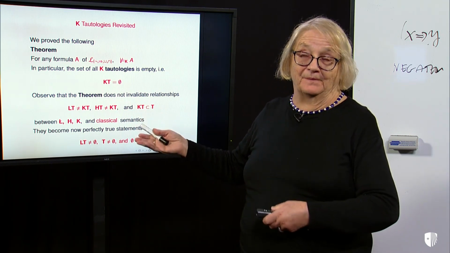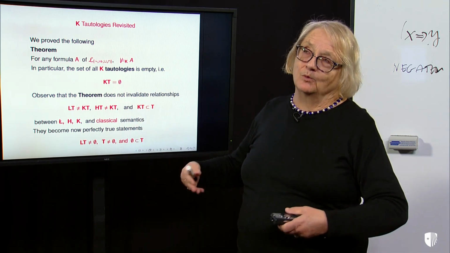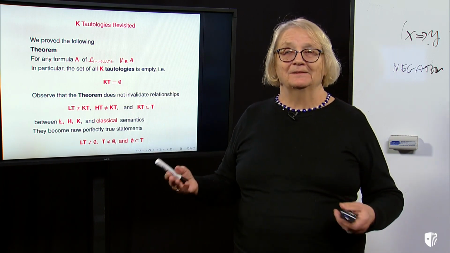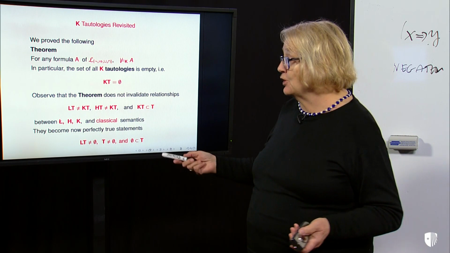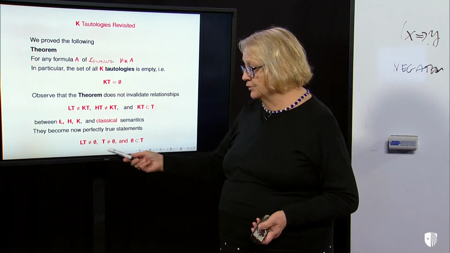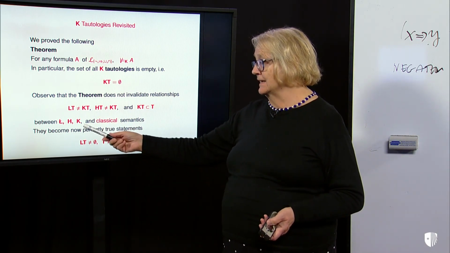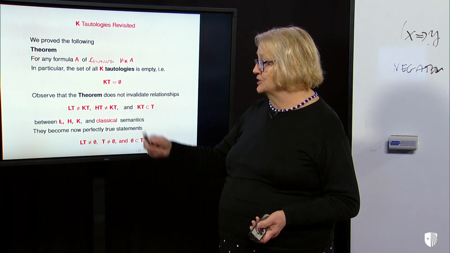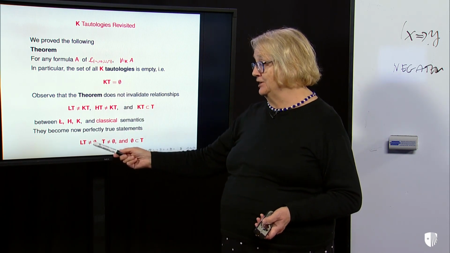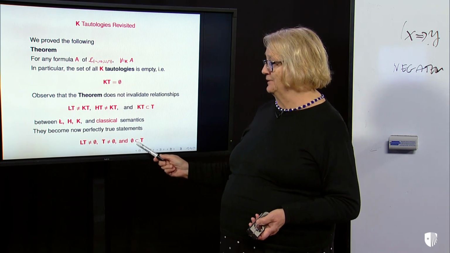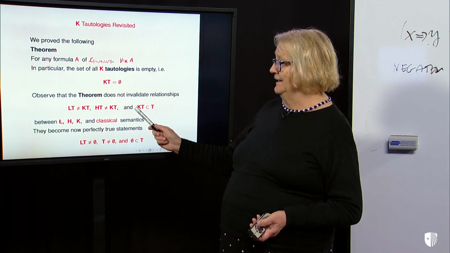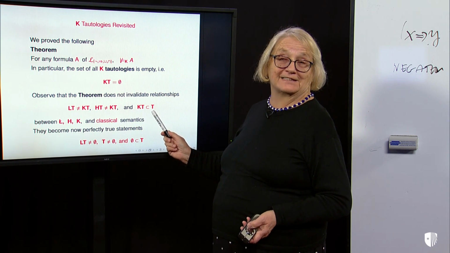Nevertheless, it is respectable semantics because it's interesting. And of course, all our statements we proved are true, because the set of Kleene tautologies is empty. So you have that Łukasiewicz tautologies are not empty, Heyting is not empty, and this is a subset of Kleene tautologies, a subset of classical tautologies.